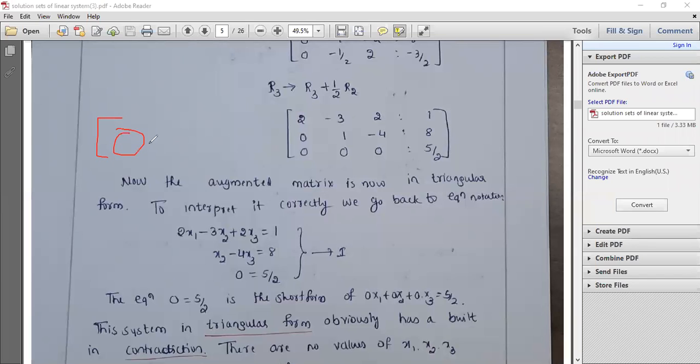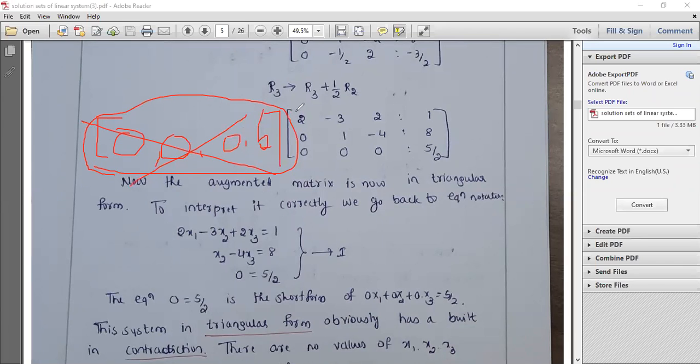If after reducing the matrix to row echelon form you get any row of the form 0, 0, 0, b, then that system is inconsistent. That system has no solution.